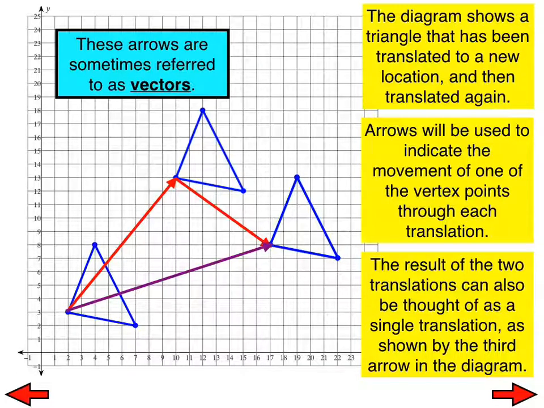I know we've got a blank area to fill in there in our notes. I'll call the first movement of that vertex to the translated vertex vector V, and I'll call the second one vector W, and I will call the one movement to get from the original to the new vector R. And those are already labeled for you in your notes.